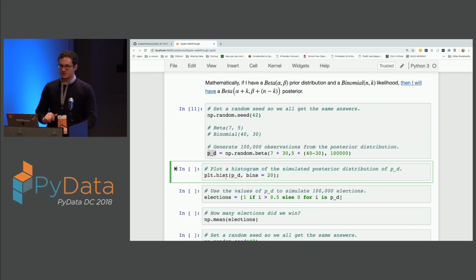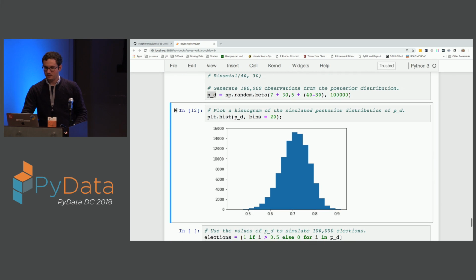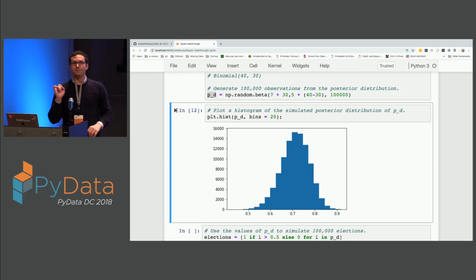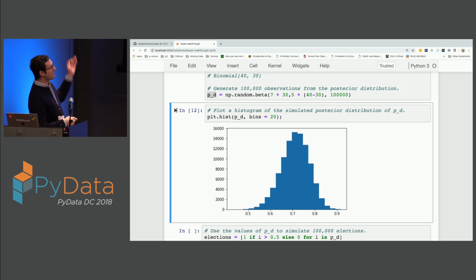If I plot this histogram here, this describes my posterior distribution of PD, where PD is the percent of votes I think the Democrat is going to get. So out of 100,000 trials, we can see that on average, the Democrat seems to get about 70% of the votes, and in almost all of the cases, the Democrat is getting more than 50% of the votes here.